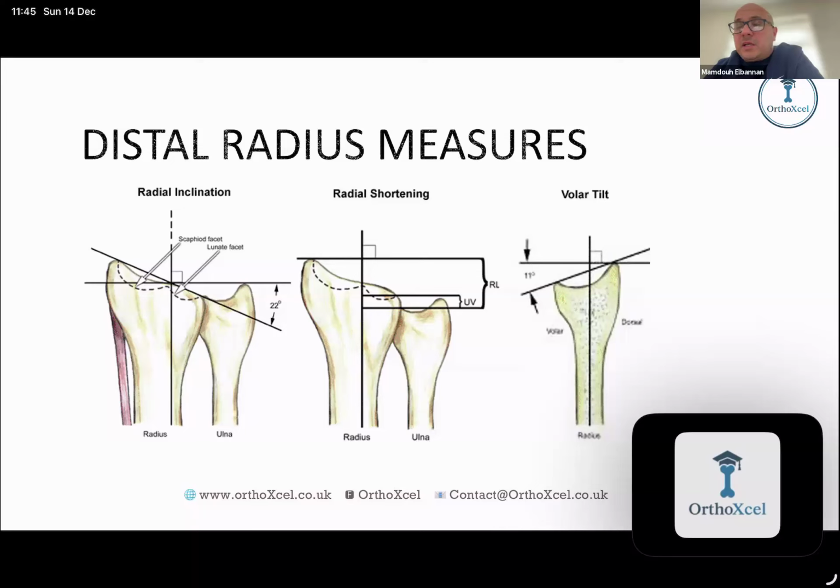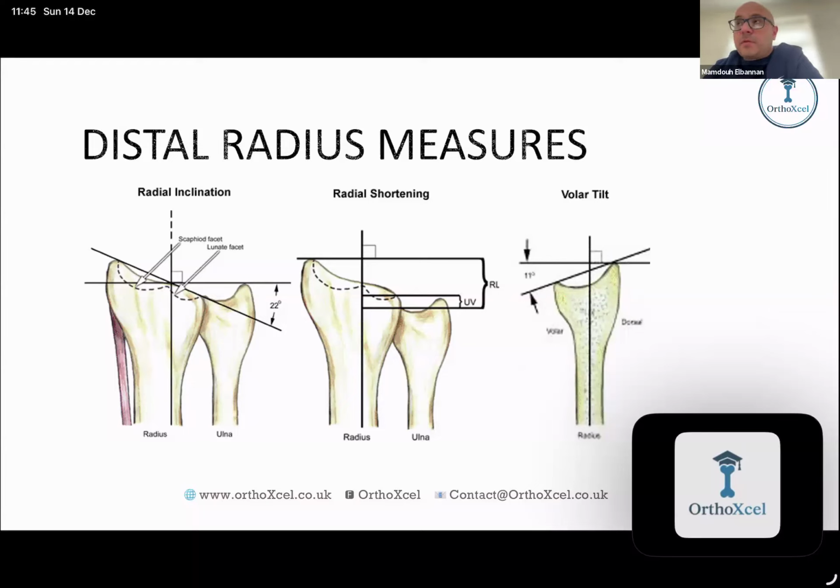Distal radius is a very common fracture, and a common question. The thing you need to keep in mind is how you assess these patients in A&E. They will bring you an X-ray of the distal radius. What are the parameters you use to assess whether it is acceptable or not acceptable?